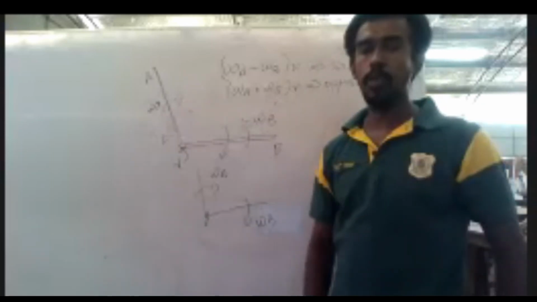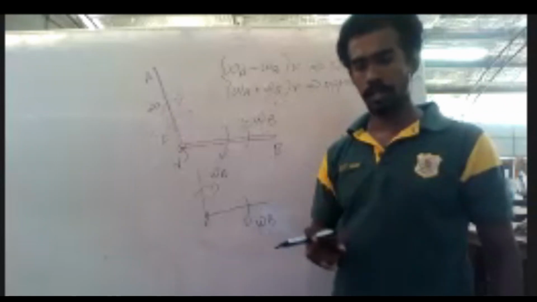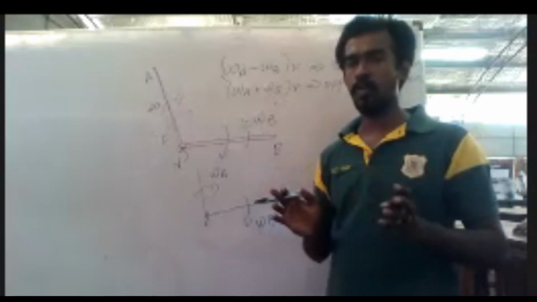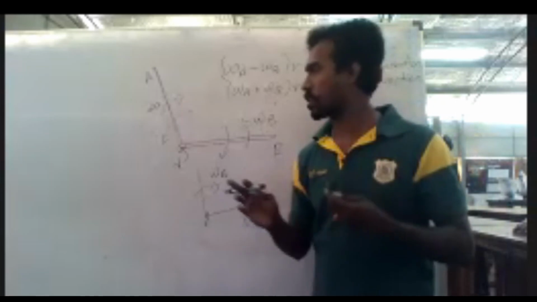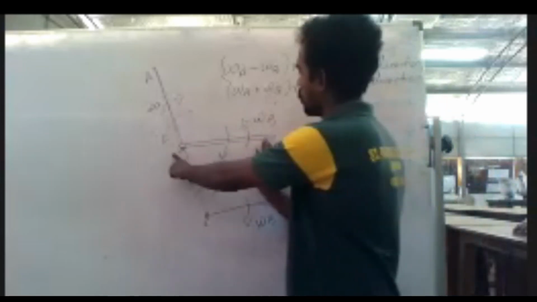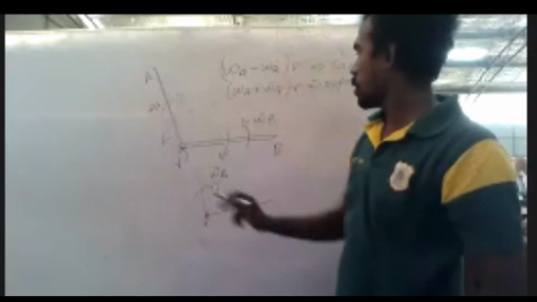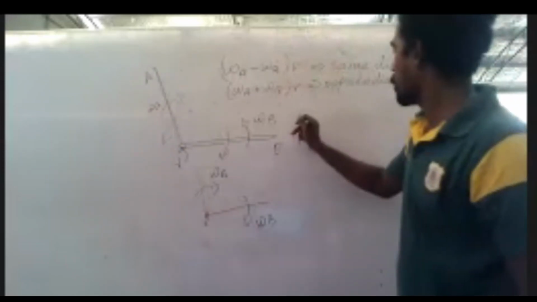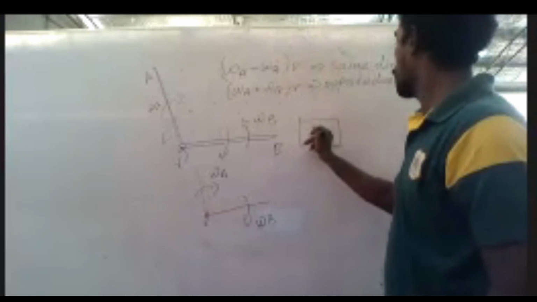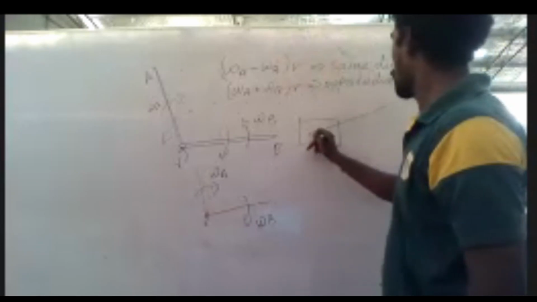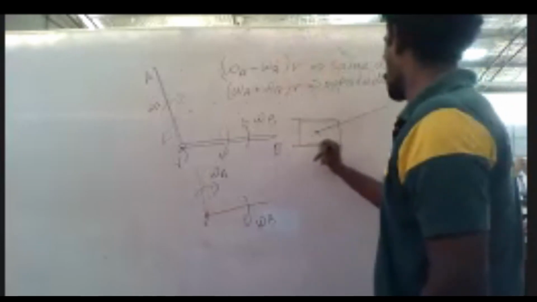And this is for turning members. You know what a turning link and a sliding link are. If, based on a point, it makes a rotational motion, that is a turning member. If, based on a point, it moves backward and forward, that is sliding motion.